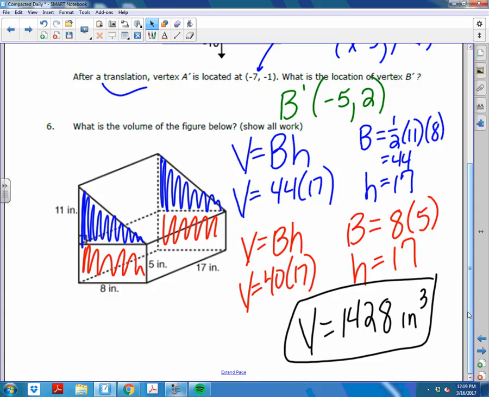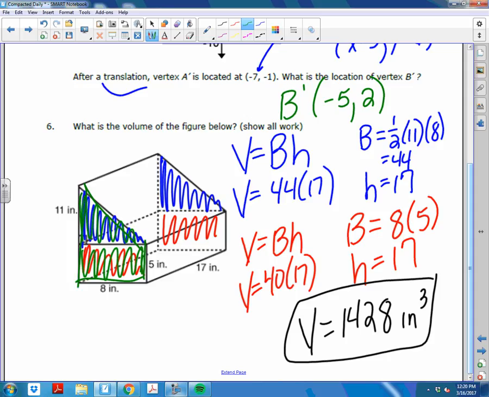Christopher asks: wouldn't it be easier to add the area of the triangle and the rectangle together and then multiply by 17? You could have done that. It would have been different. I don't know that it would have been easier. The computation, especially with the calculator, is basically the same. What Christopher is saying is, if you had taken this area and added it to this area, that would be the area of the base of the entire figure.